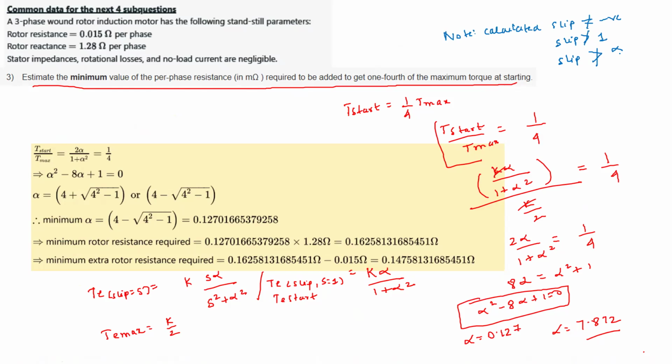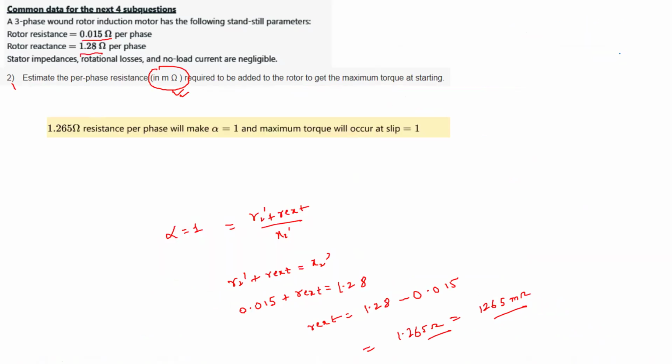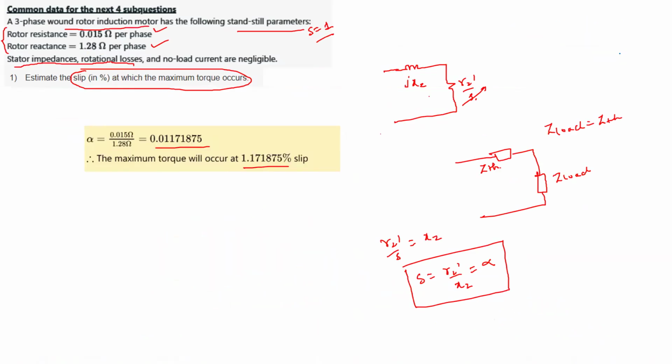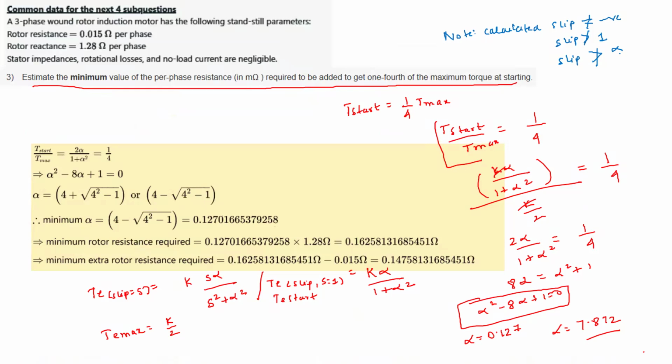So these are the things which you have to ensure. Now, here you are getting 0.127 and 7.872, which is very absurd. So we are taking 0.127.